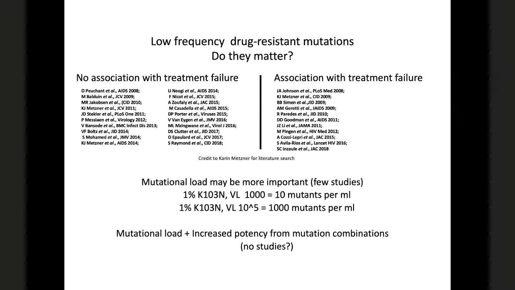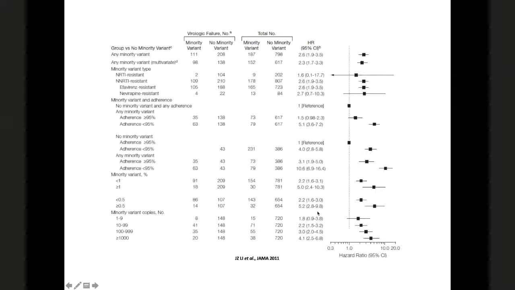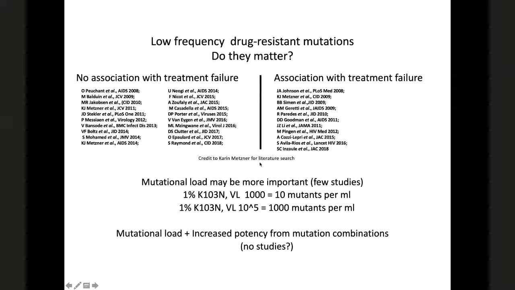This is an idea that's been floated by a number of groups now, and some studies have looked at this in some more detail. I should thank first of all Corinne Metzner, who filtered a comprehensive list of studies that associate with treatment failure or not.